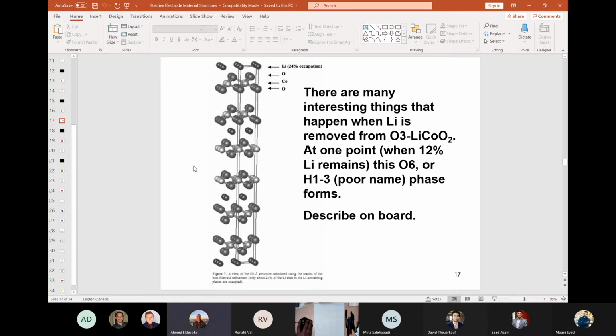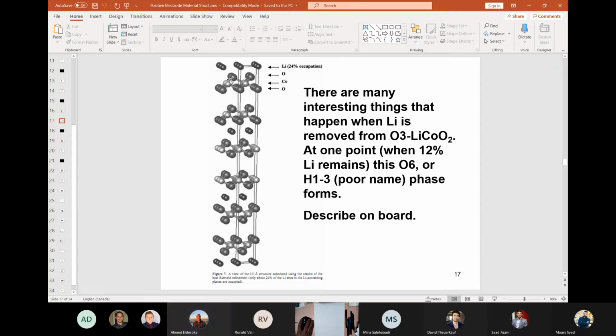Hey, Jeff. Hi. In this figure, it says you get this O6 phase when there's 24% lithium, but in your text it says 12%. Which one is it? Where does it say 24%? At the very top of the figure, it says lithium 24% occupation. Yes.